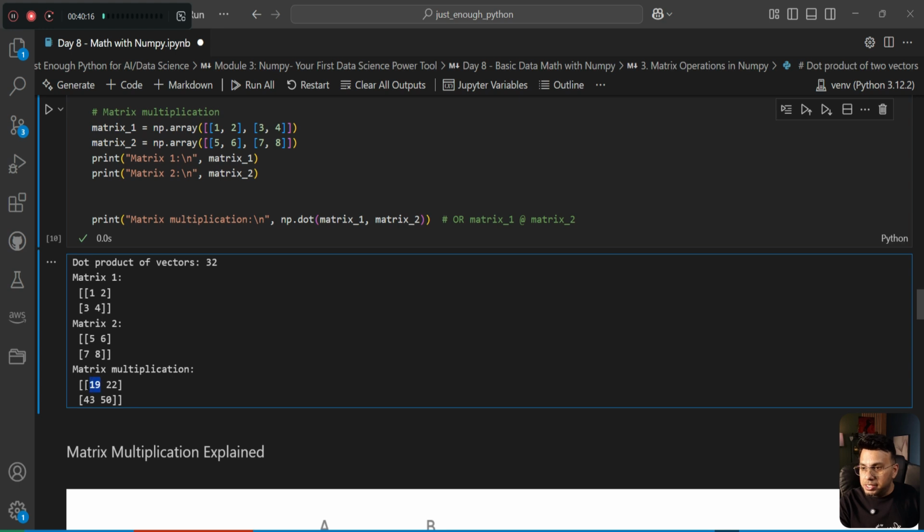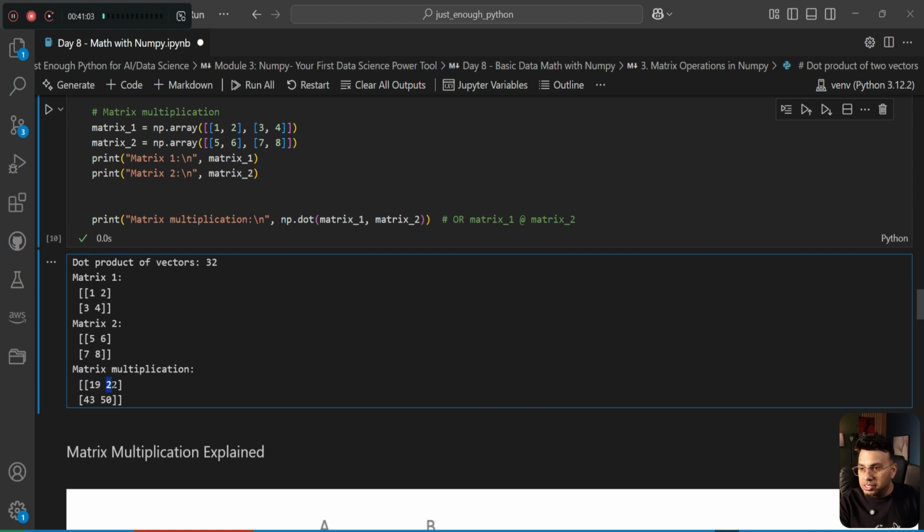So to get 19, that is the element at row 1 and column 1, we will operate on row 1 of matrix 1 and column 1 of matrix 2. Row 1 of matrix 1 is 1, 2, and column 1 of matrix 2 is 5 and 7. We will do 1 into 5 plus 2 into 7, which is 5 plus 14, which is 19.